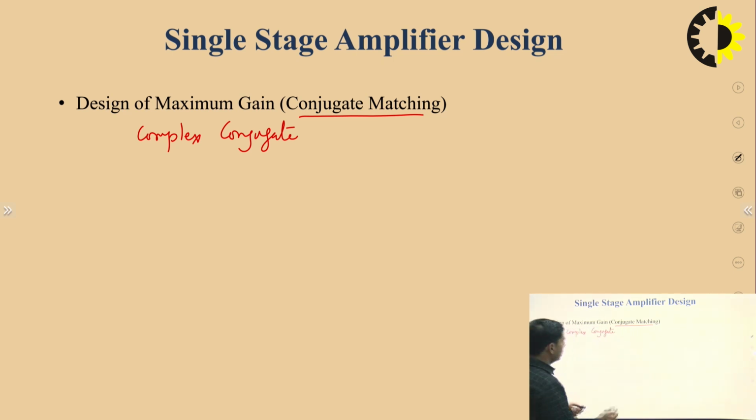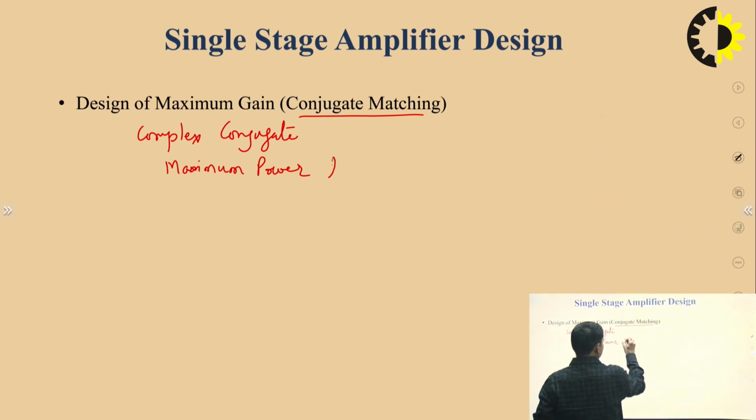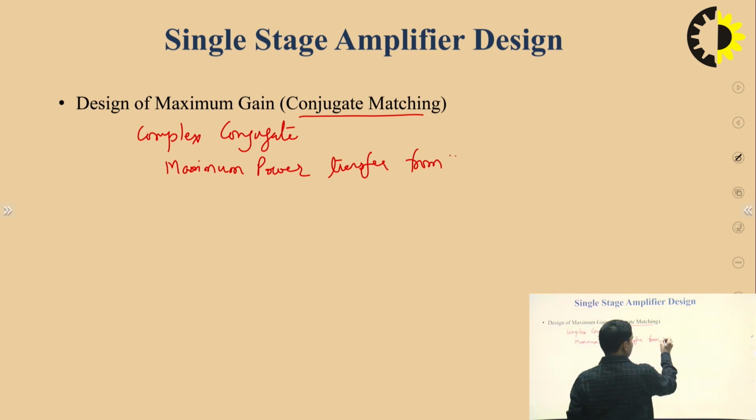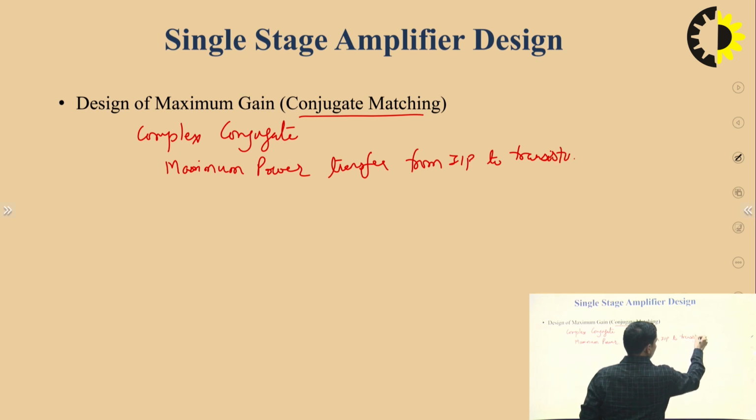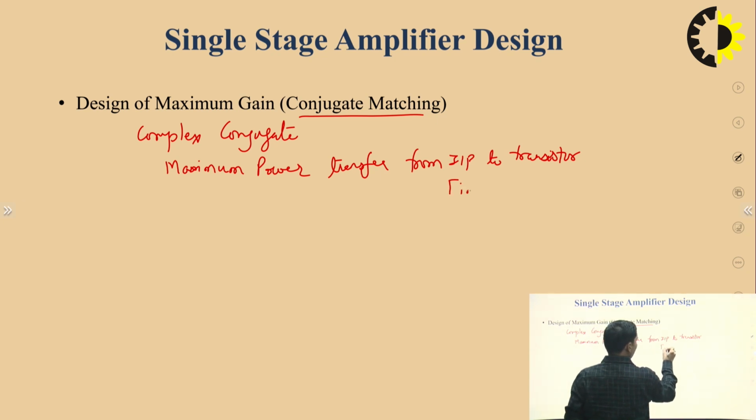The maximum power transfer from input to transistor is achieved when rho in is equal to rho s conjugate.